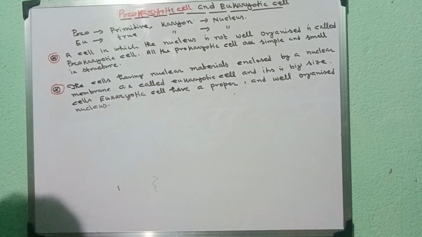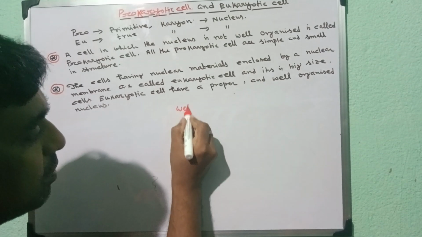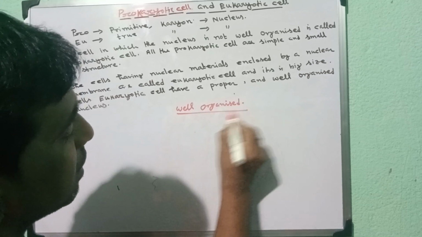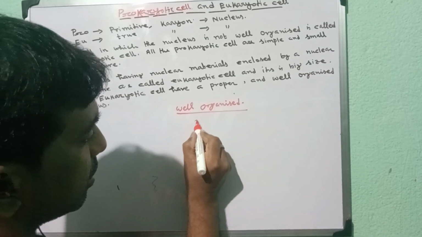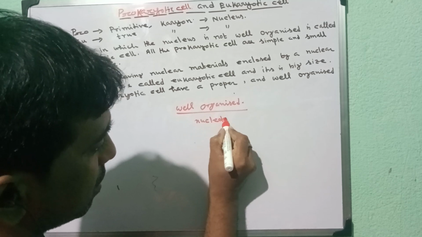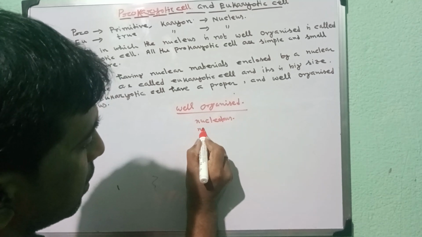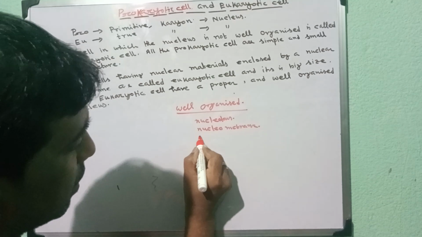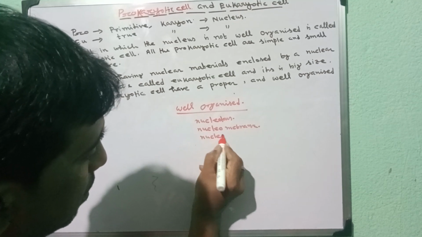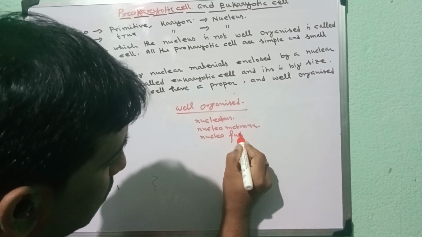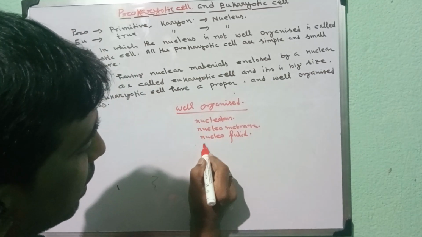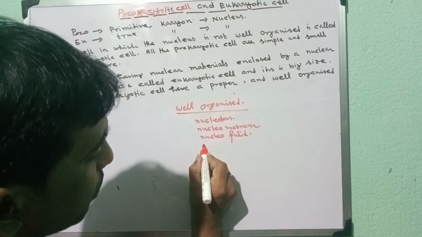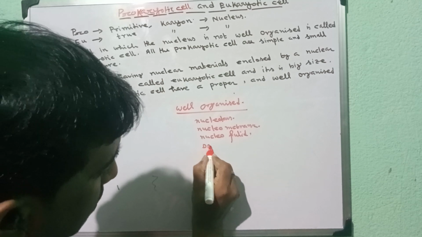Well organized means it has the nucleolus, the nuclear membrane, the nuclear fluid, and the DNA part.